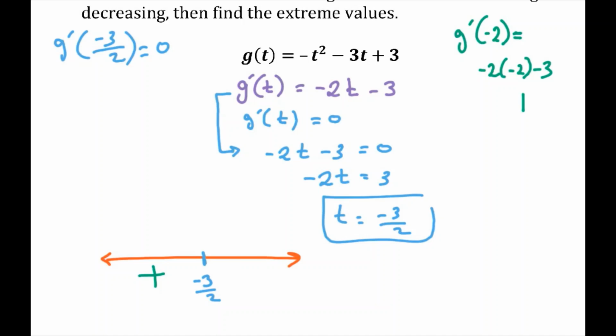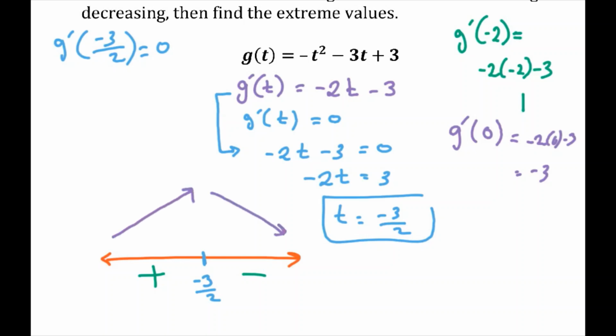Let's take any point after negative 3 over 2, maybe 0. So g prime of 0 equals negative 2 times 0 minus 3, which equals negative 3. So it is actually negative. So what happened? The function was increasing and then it decreased.